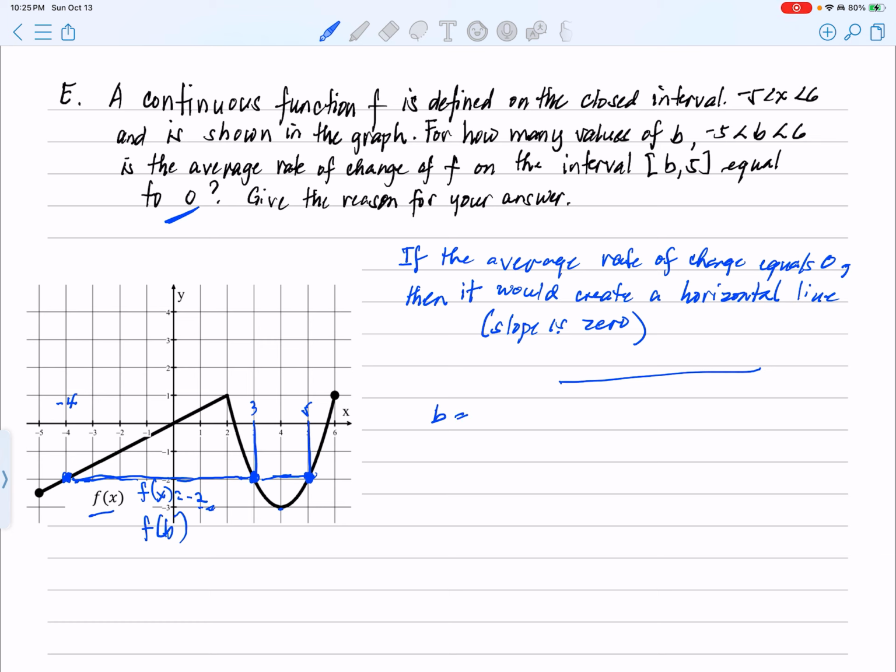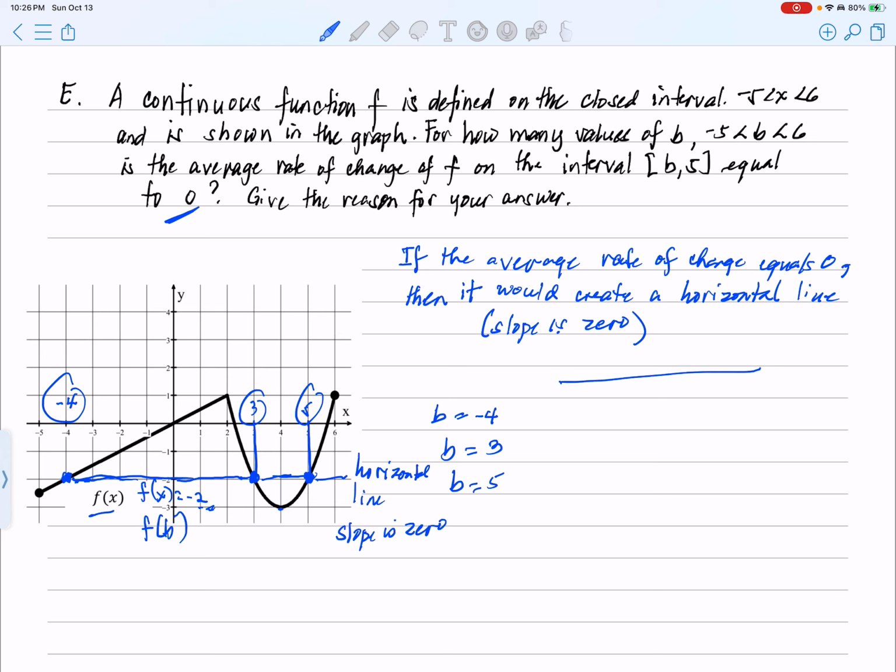All right, so what are the values of b? We have -4 right here. We have also b equals 3 right there. We have also b is 5. These 3 points form a horizontal line. That means the slope is 0.